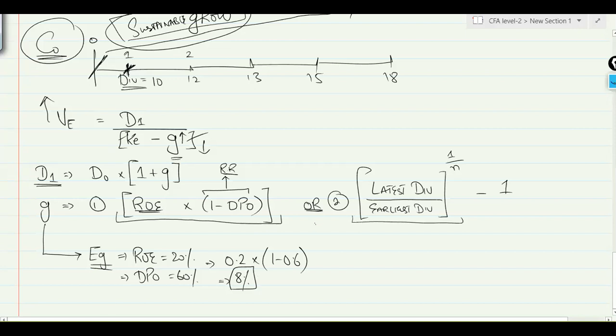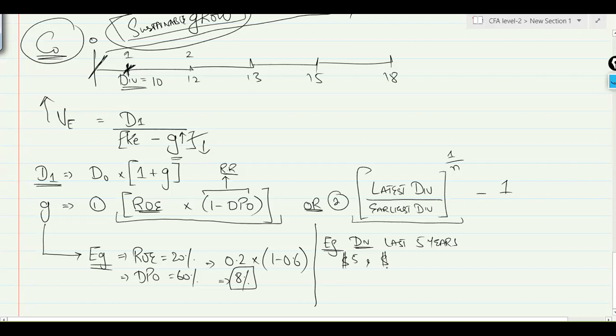You can also be given other data as well. For example, the question hasn't stated the return on equity, neither has it given you the dividend payout ratio. Instead, they have given you dividends of the last 5 years. The current dividend is $5.